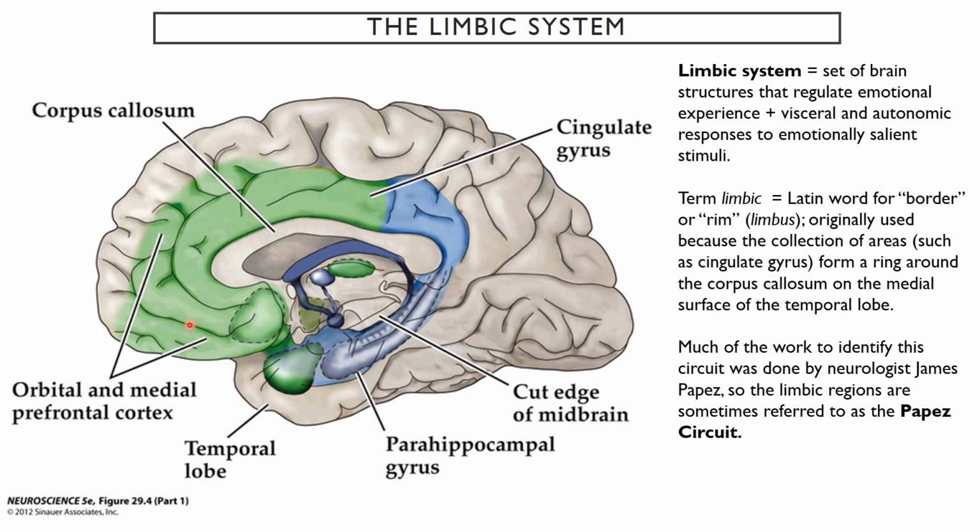It also is a component of the limbic system. We talked about the cingulate gyrus, the anterior cingulate cortex and the posterior cingulate cortex being components of executive function. They also feed into the emotional experience, and they are considered part of the limbic system.